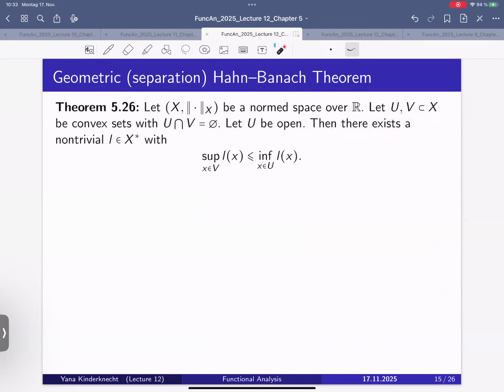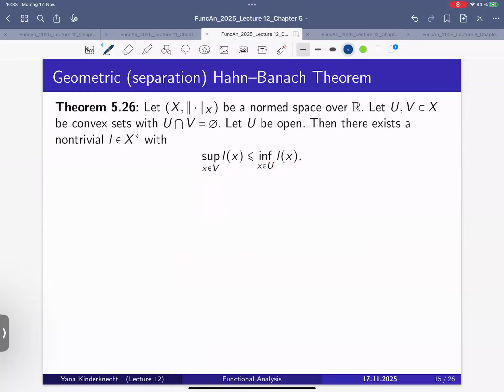What does separates mean? This means that the supremum of the values of the functional over all points in one set is smaller or equal than the infimum of the values of the functional over all points of the other set.